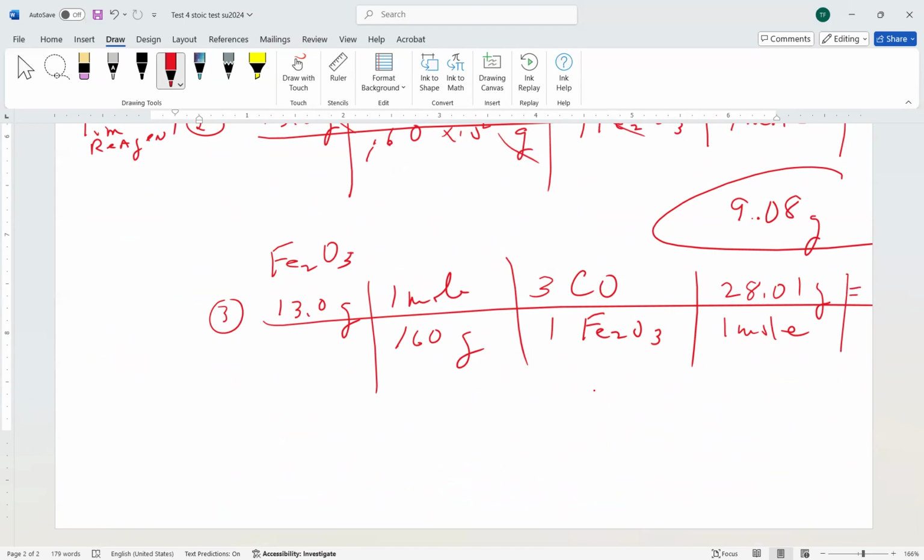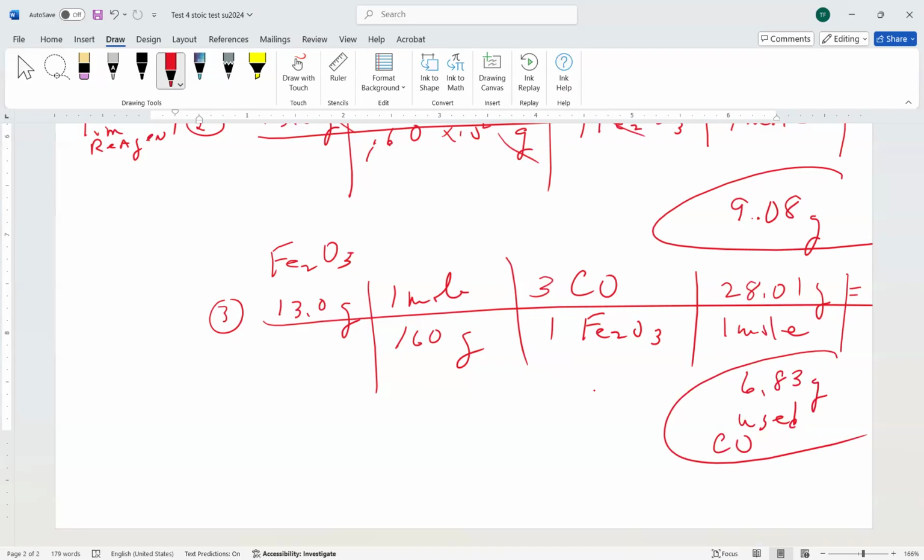Okay, so we've used 6.83 grams of rust. Excuse me, of not rust, of carbon monoxide. Because we had excess carbon monoxide. Okay, that's the purpose of step 3.